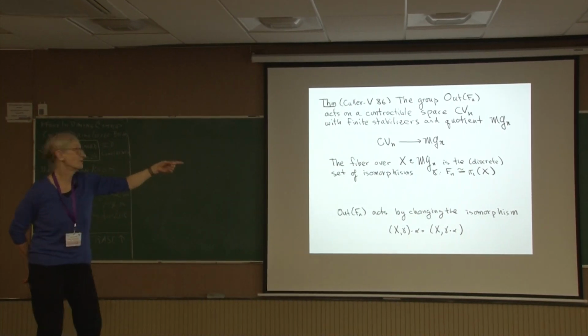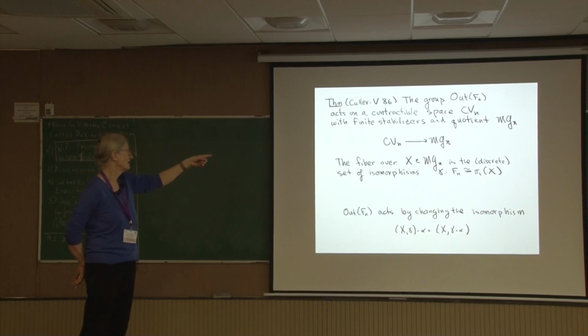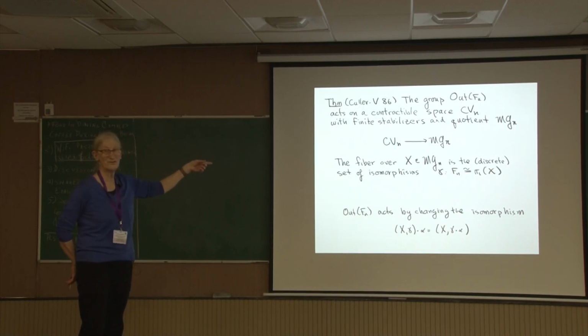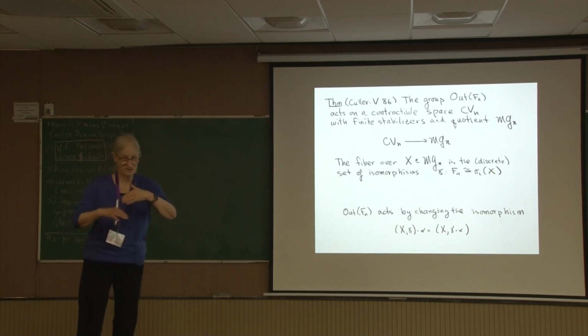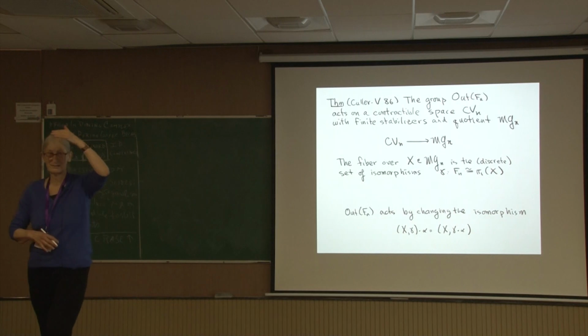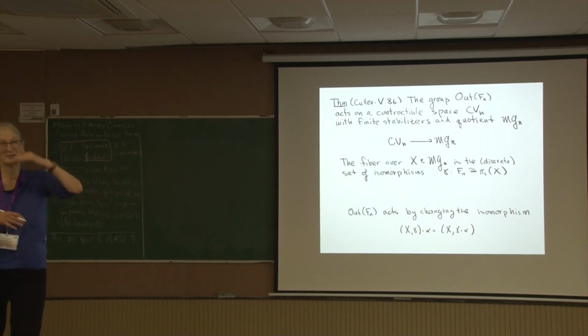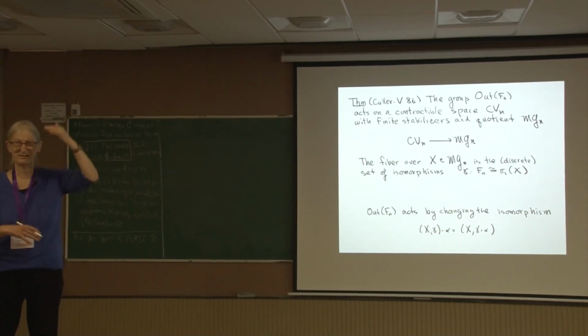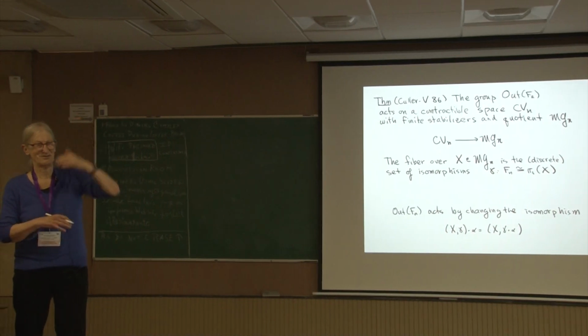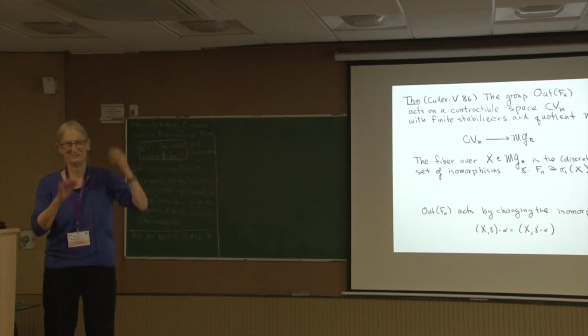And what's the fiber over a graph? It's the set of isomorphisms of the graph's fundamental group with Fn. So that's a discrete set. It's like a covering space, but it's like an orbifold cover. But I don't know if you can call something an orbifold if there's no manifold in the picture. But anyway.